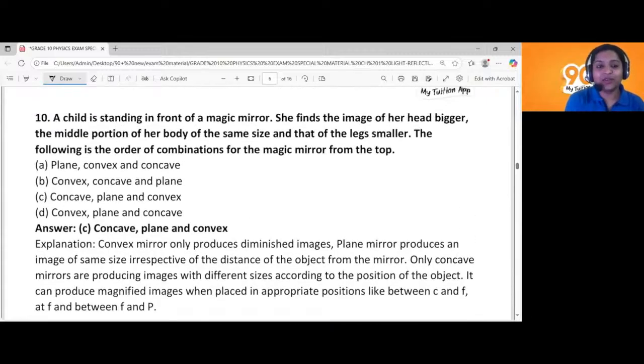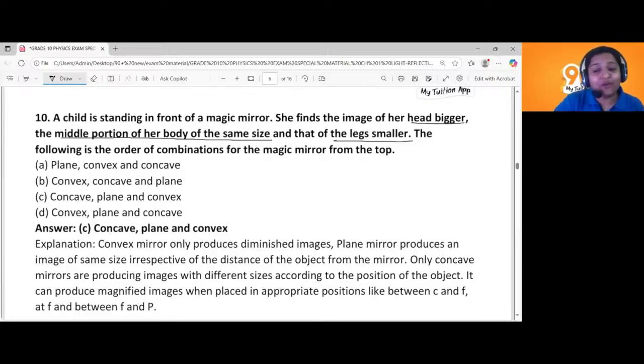A child is standing in front of a magic mirror. She finds that the image of her head is bigger, middle portion is same size, legs are smaller. Okay, which kind of mirror is giving us a magnified view?